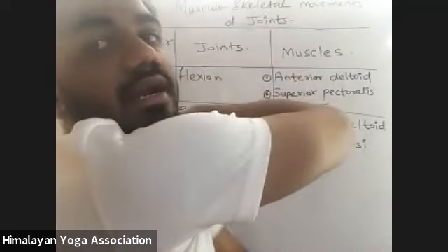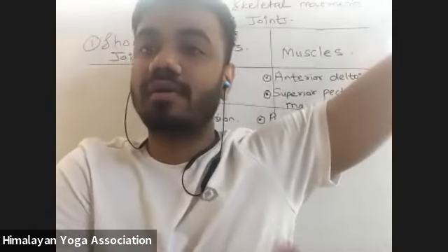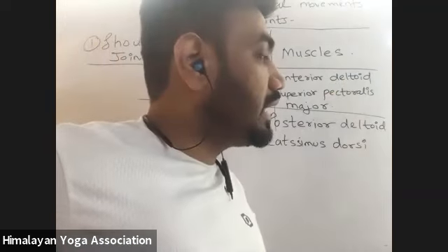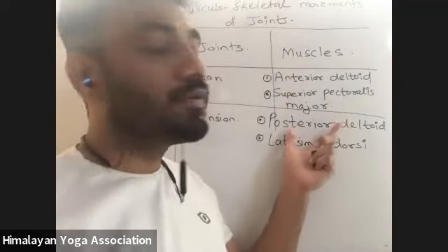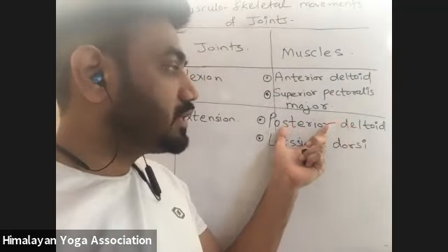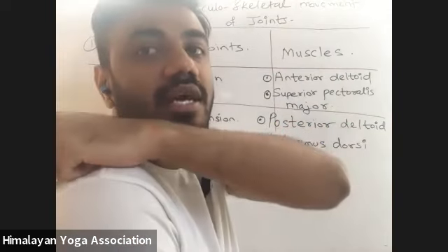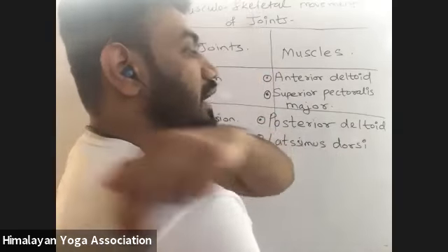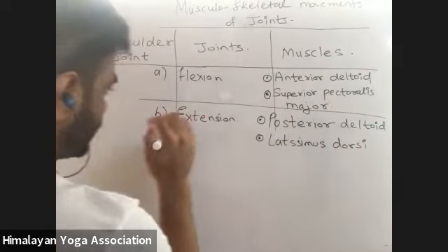Our lats are at this side on our back. These muscles contract when you take your arms back, the latissimus dorsi at the side of your back along with the posterior deltoid. Posterior deltoid means the deltoid on the shoulder, but on the posterior side, at the back. This region of the deltoid gets engaged and allows our arm to extend.